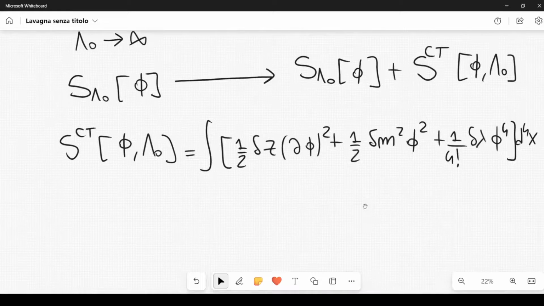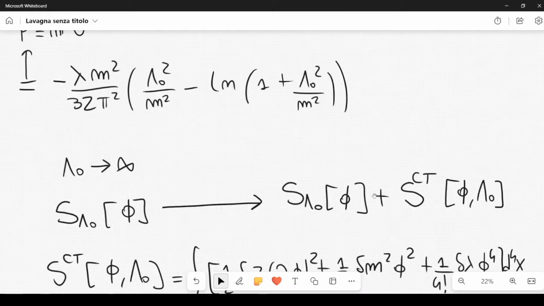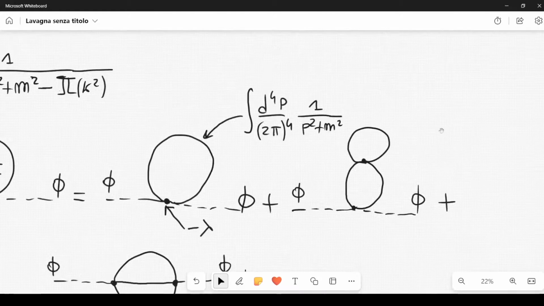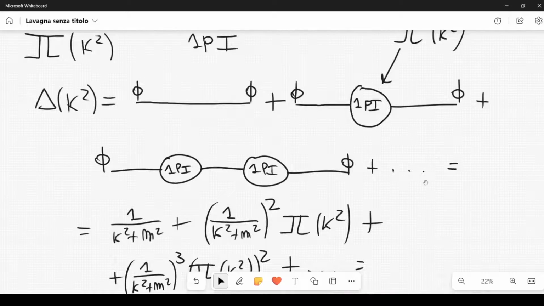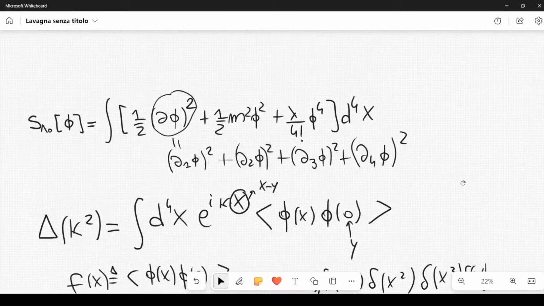Now we can think that these corrections that I labeled delta z, delta m squared, and delta lambda arise because we have integrated out high energy modes. So after the integration, the couplings in our theory are 1 plus delta z from here, and this one, remember, comes from the original kinetic term that we had in the action that we started with. So I'm really talking about this term here.